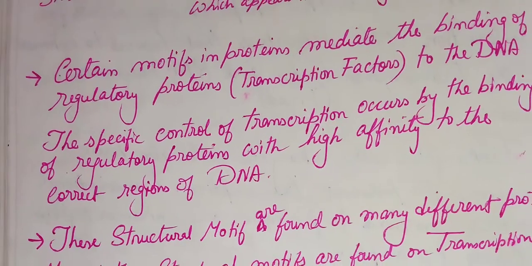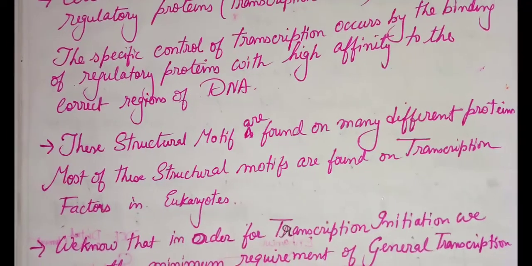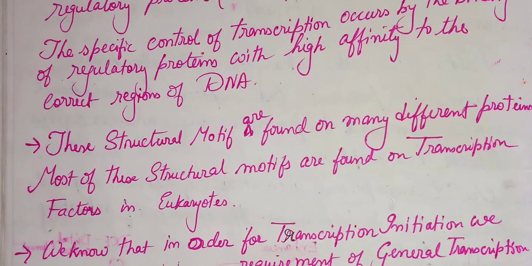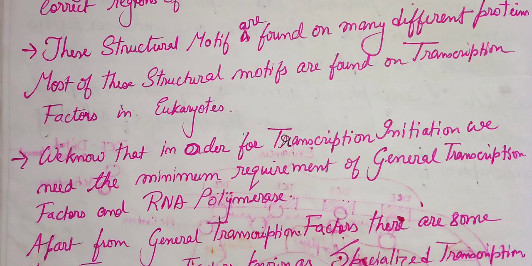Now, these structural motifs are generally found on different proteins, and most of the structural motifs are found in transcription factors in eukaryotes. We know that for transcription to begin, we need the minimum requirement of general transcription factors and RNA polymerase.